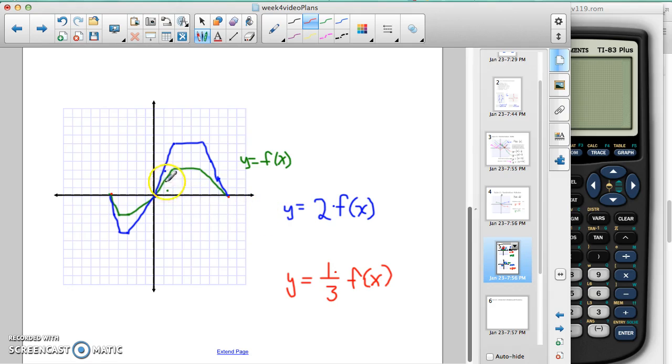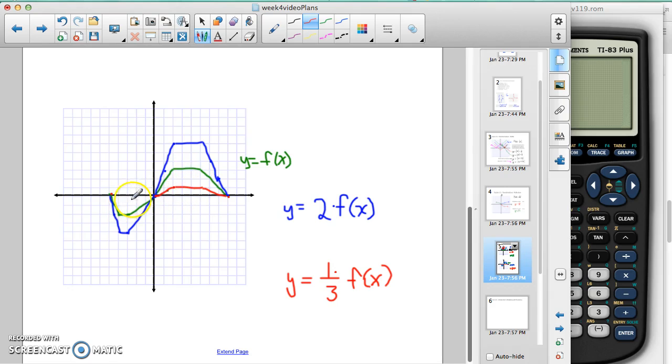But instead of going up to, at this point 2, we're going up to 3, so it would only go up to 1/3 of that, which would be 1. So it would travel from here to there up to that high value of 1. Then it stays constant until this point, and then it travels back down to 0 here. So this is a compression of 1/3 from the green graph.